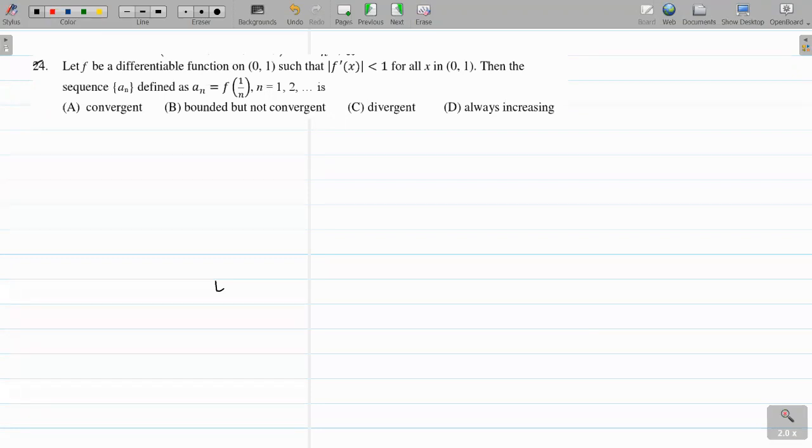People are getting some yes, that is A. But can you think about some reasoning for this? If it is A, what is it? How do I justify?